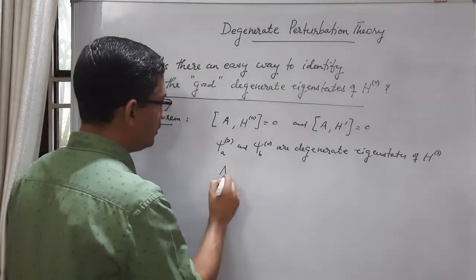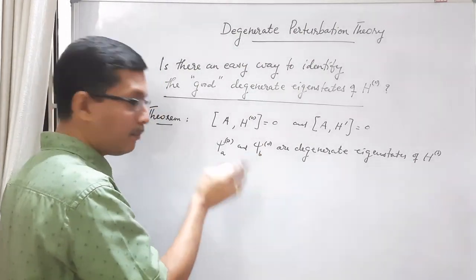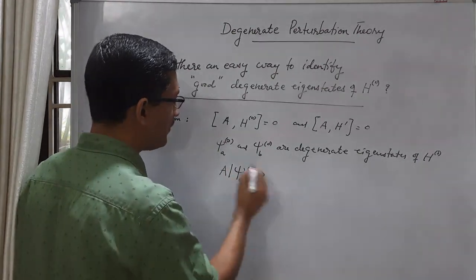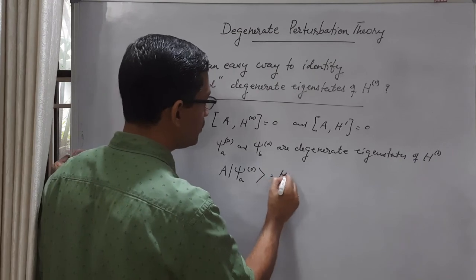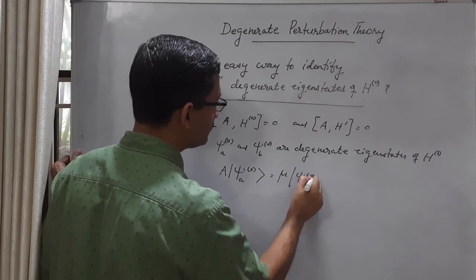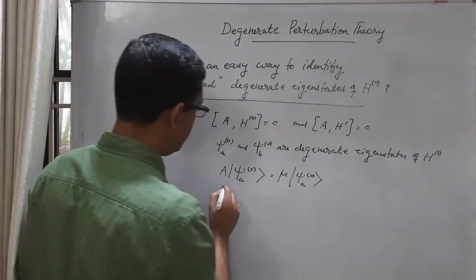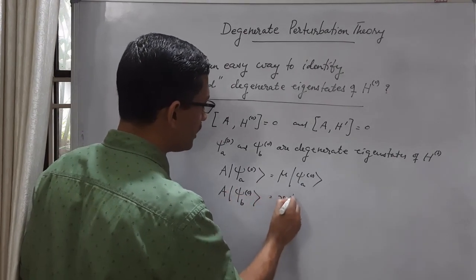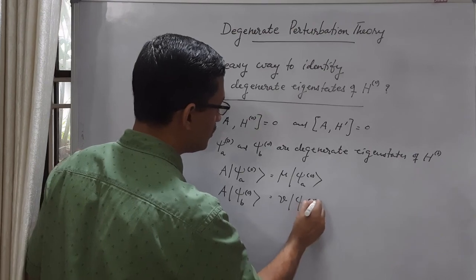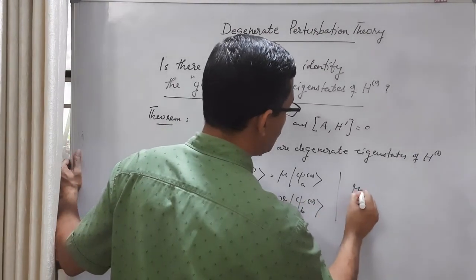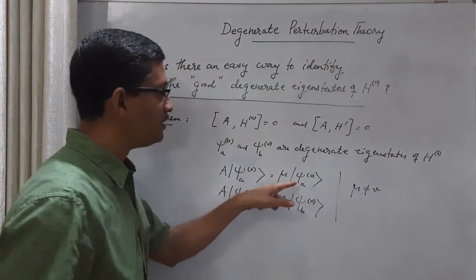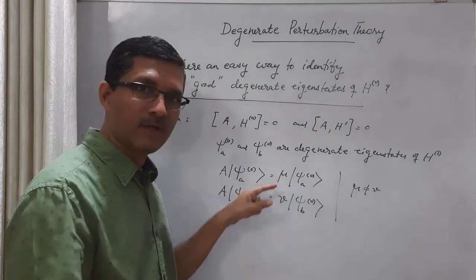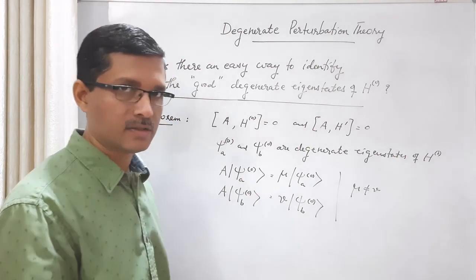So they are also eigenstates of A, but they are non-degenerate eigenstates of A. Suppose when A acts on psi A0, we get some mu times psi A0, and when A acts on psi B0, we get some nu times psi B0 with mu not equal to nu. So that means psi A0 and psi B0 are eigenstates of A with different eigenvalues. They are non-degenerate eigenstates of A.